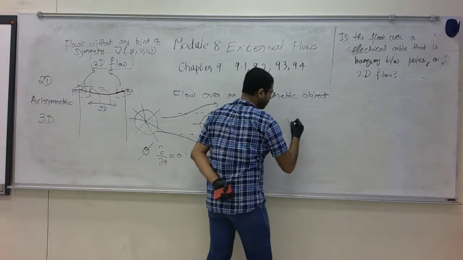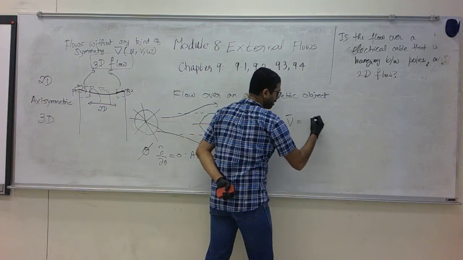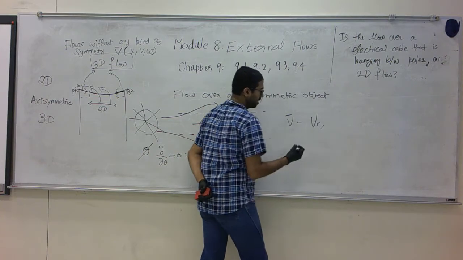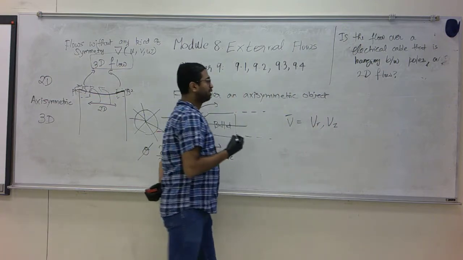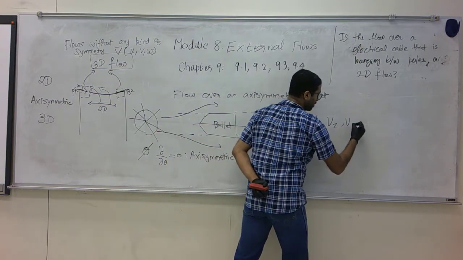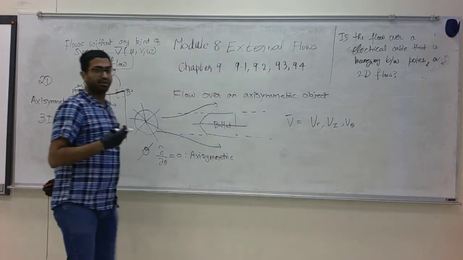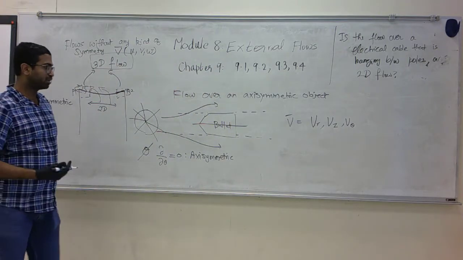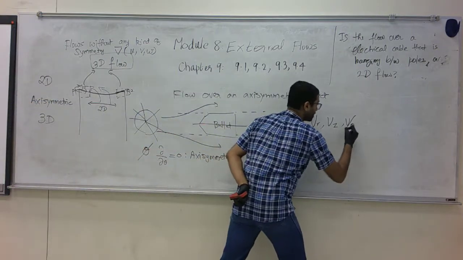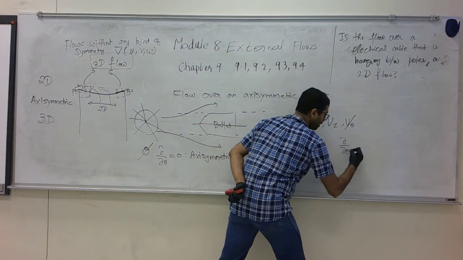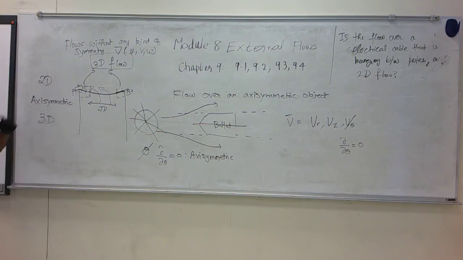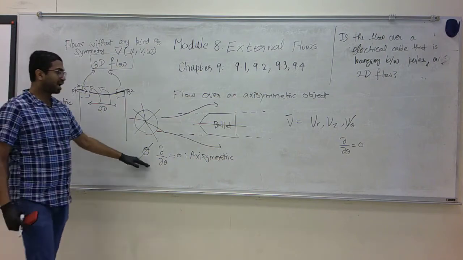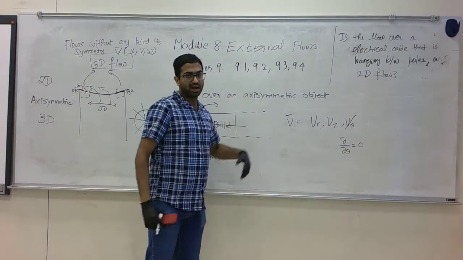So the flow depends on a radial component, it depends on an axial component, but the flow doesn't have a polar or azimuthal component, and this dependence is also absent. That is, nothing in the flow depends on the polar angle, and such flows are called axisymmetric flows.